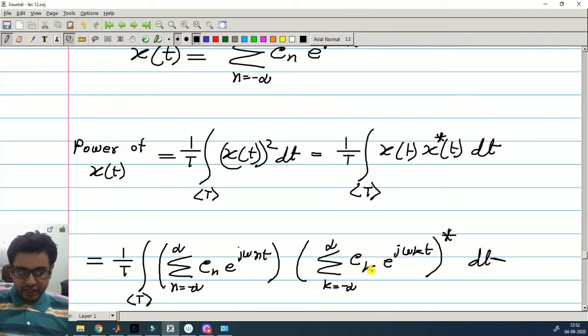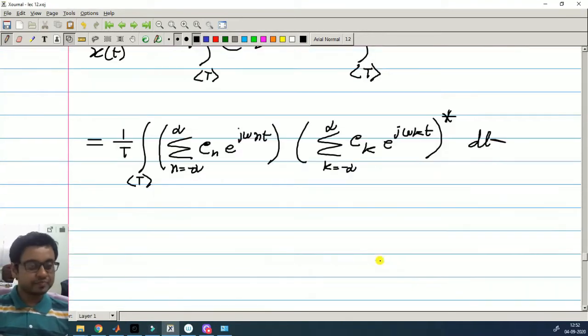I can use any index variable n or k because anyway it's a dummy variable, and so whether I'm using n or k, it's not a problem.